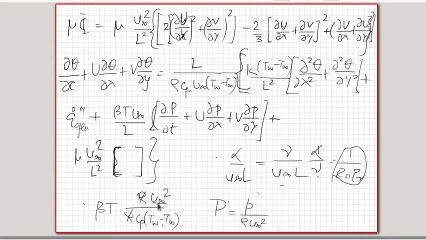You would get this U infinity squared here, which is the inertia, and Cp into T wall minus T infinity, which is the thermal forces. So this is basically the ratio between kinetic energy in some sense and thermal energy. This number is usually called the Eckert number.